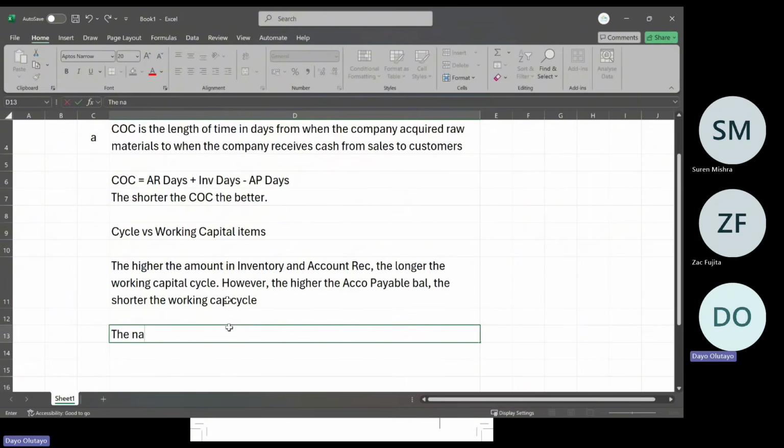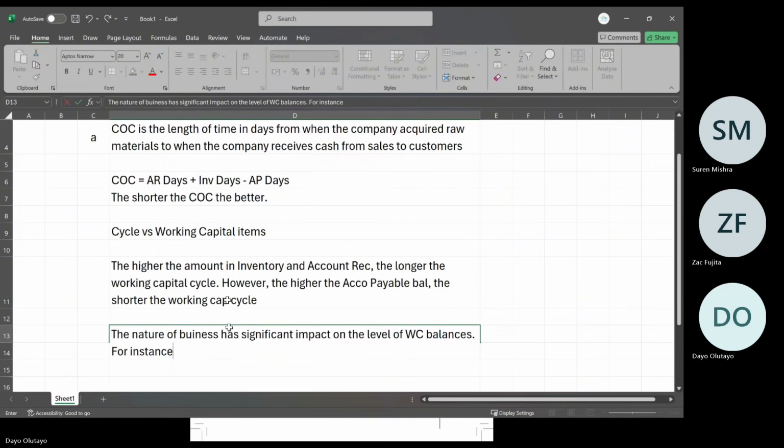The nature of business has significant impact on the level of working capital balances. For instance, manufacturing industries will have higher inventory balance than service industry.